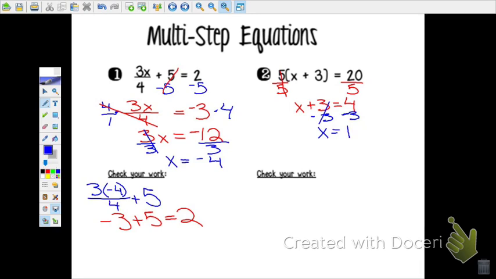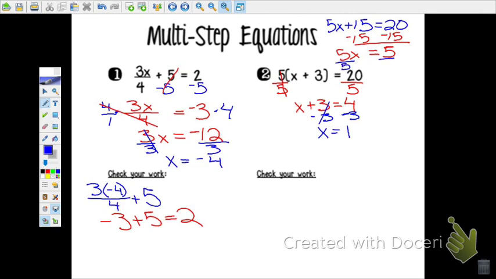If I were to distribute instead, to start, I would have 5x plus 15 equals 20. And then I would subtract 15. 5x equals 5.